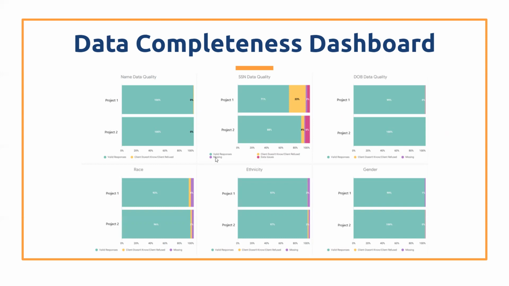So if it's data not collected or blank when it should be collected, that will be counted under missing. And then also for these top 3 data elements, the name data quality, SSN data quality, and date of birth data quality, there will be a data issues option also, and that reflects approximate or partial name, SSN, or date of birth entered.